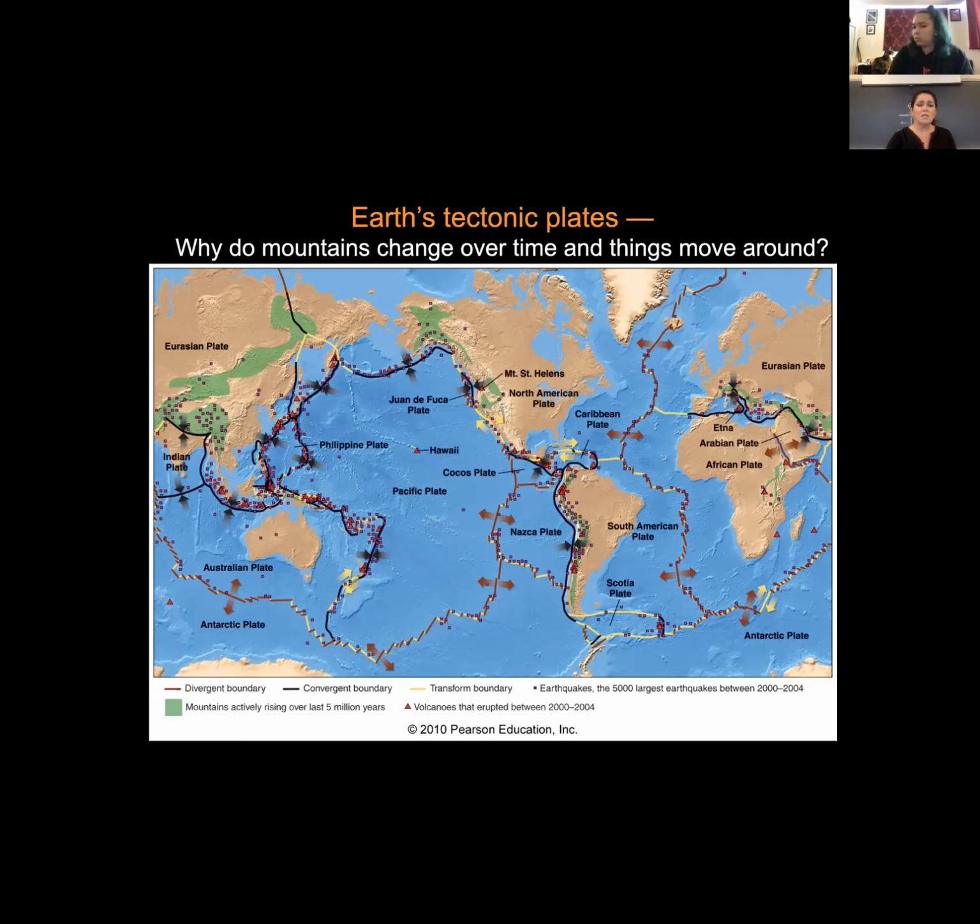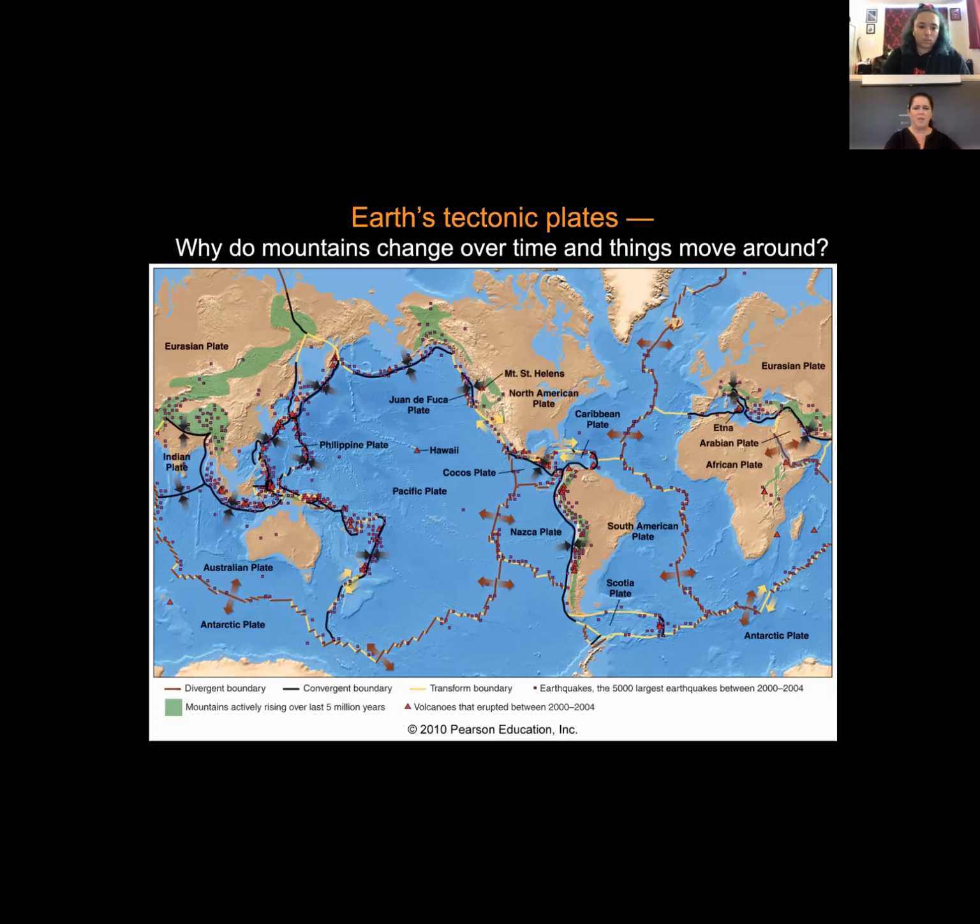But the big explosive volcanoes that we hear about in the news, those are certainly marked. And those fall along these convergent plate boundaries where plates are colliding. Usually where oceanic crust is pushing up against continental crust, and the oceanic crust kind of loses that battle and gets subducted down into the mantle.